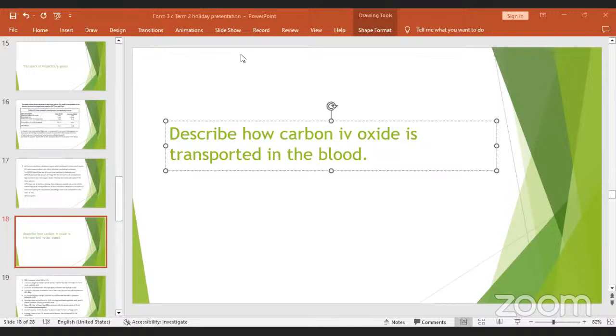It will move out of the red blood cells, combining with the amino acids of hemoglobin. That's why it's called carbaminohemoglobin, because it's carbon dioxide combining with amino acids of hemoglobin. It is transported to the lungs for excretion.